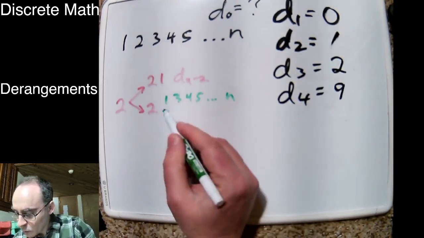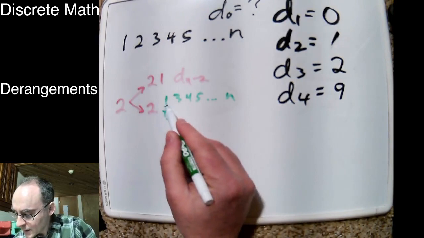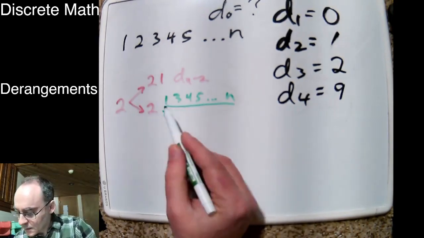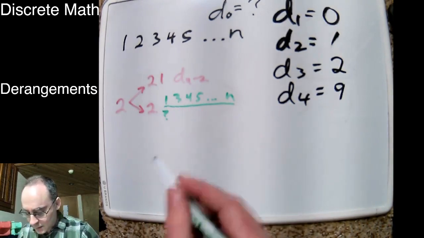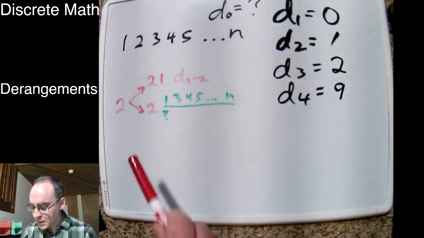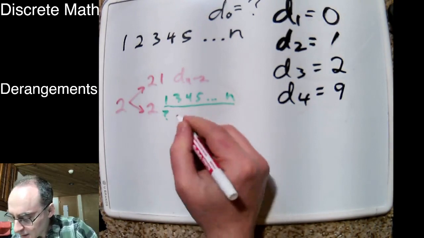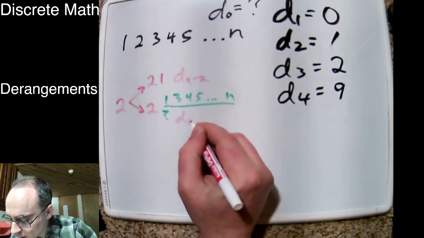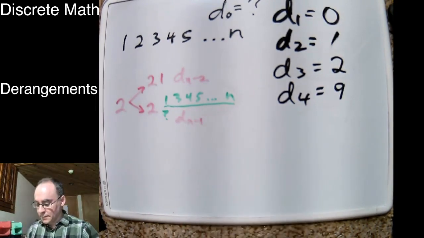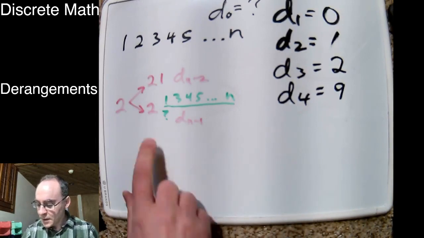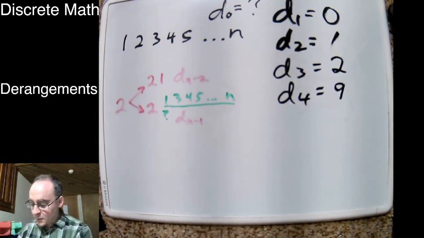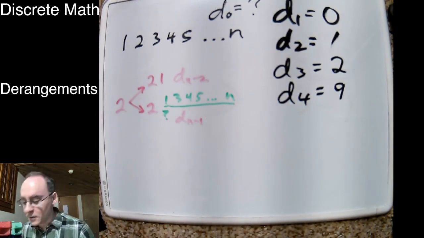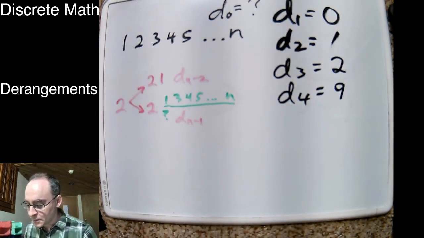Since I'm not picking a 1, this whole thing is going to be a derangement. So it really just amounts to the problem of, if I pick 2 and then pick something else, then I'm just basically taking a derangement of n minus 1 objects. Because I'm putting something else where the 1 was, and then the rest of it also needs to be a derangement, so it's basically the number of derangements of n minus 1.